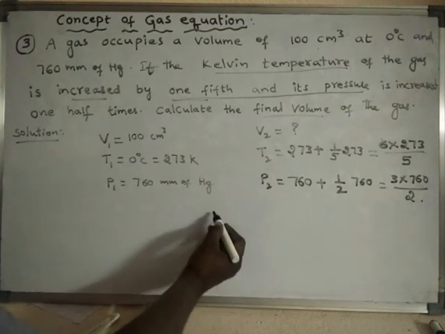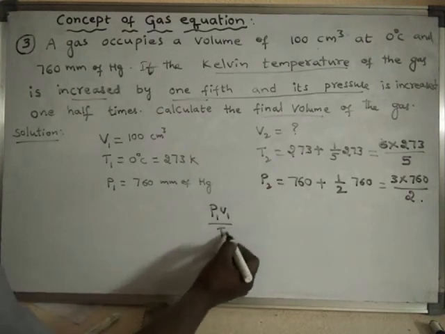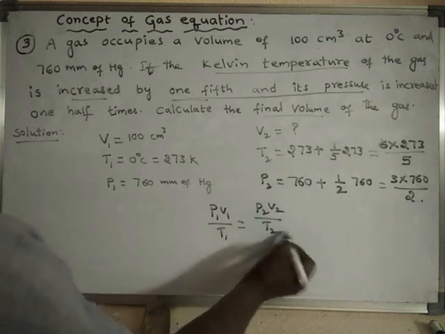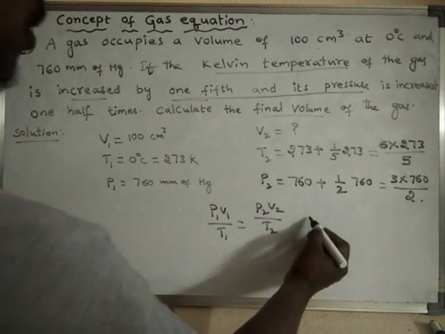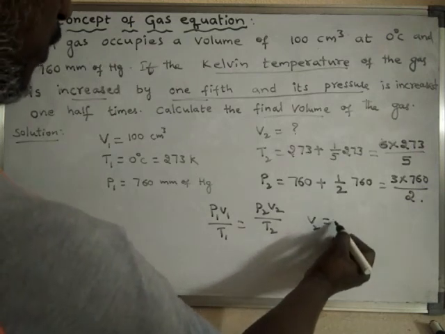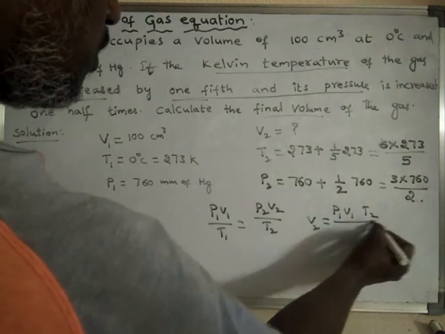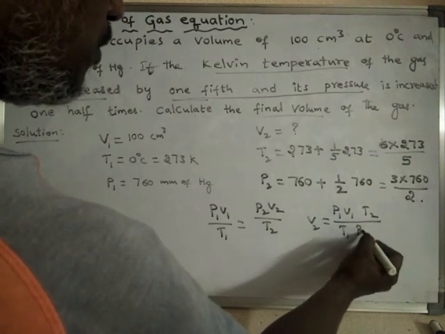Again the same combined gas equation, P1 V1 by T1 will be equal to P2 V2 by T2. Therefore V2 will be equal to P1 V1 T2 by T1 P2.